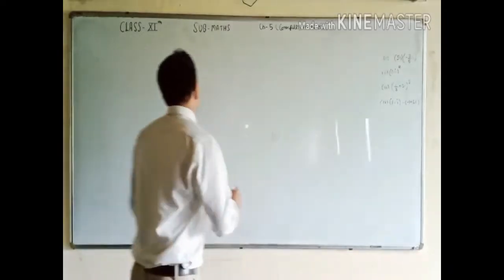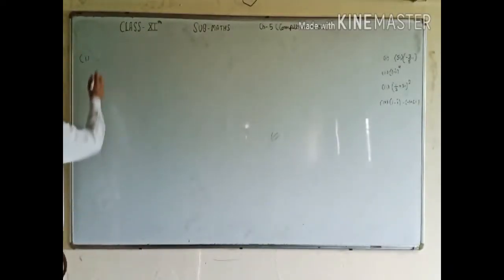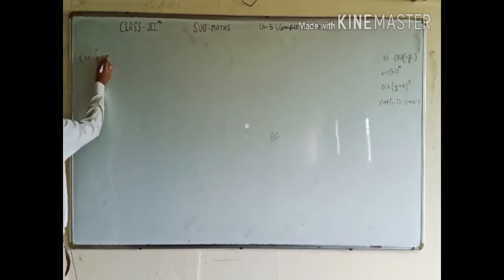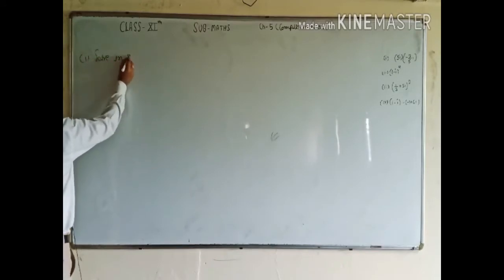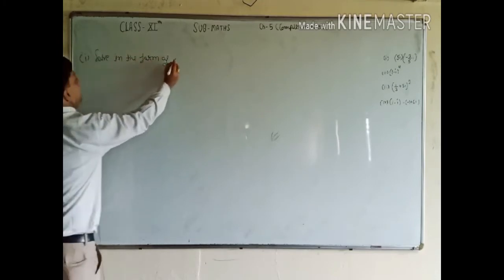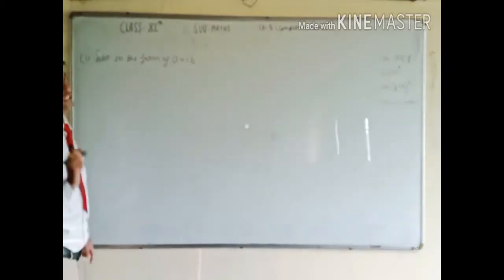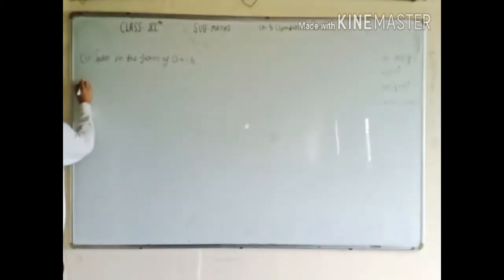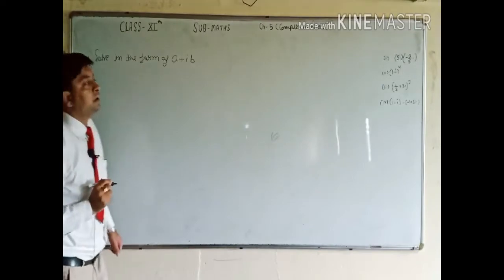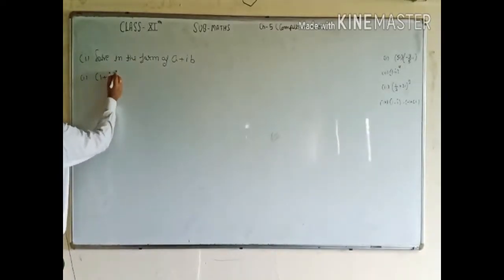The first example is, so in the form of a plus iota b. Okay students, now the first part is 1 plus iota whole square.